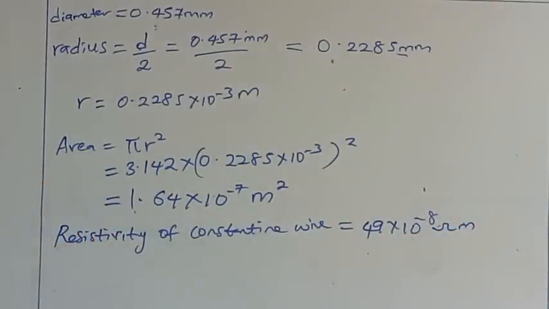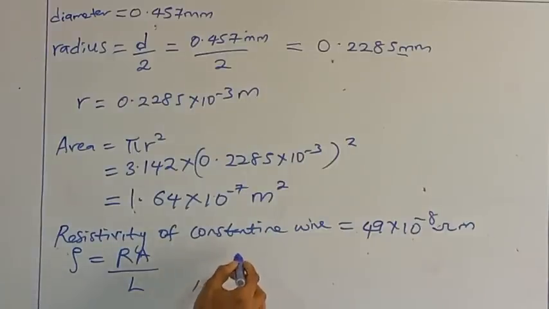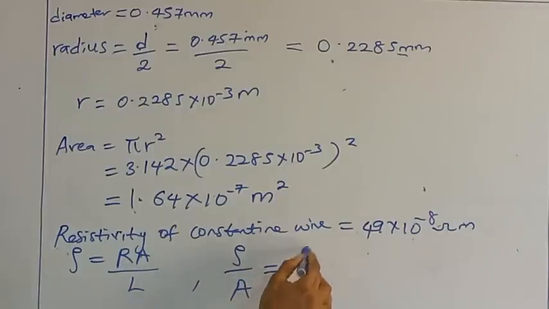Remember, what we want to do is to use resistivity is equal to RA over L, where resistivity over area will give us R over L. So let's input everything.